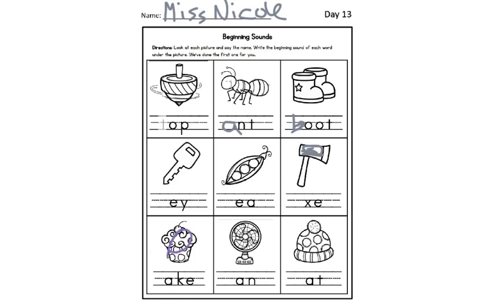And then we have cake. This is fan. And this last picture is a hat. So go ahead and write all the first letter sounds and make sure you color in all of your pictures.